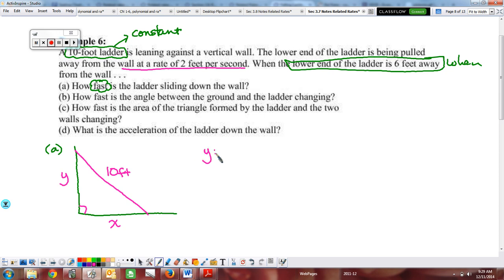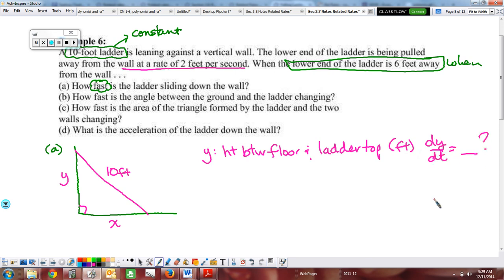So y is going to be the height between floor and ladder top. Give it some type of a name. We're going to be measuring that in feet, and what I'm looking for is dy/dt. That's what I'm trying to find. Okay, what am I given?